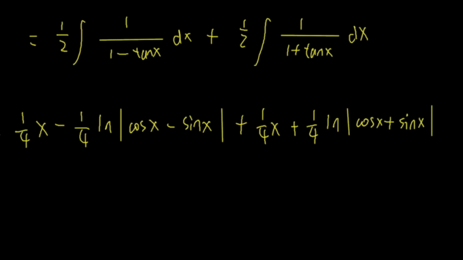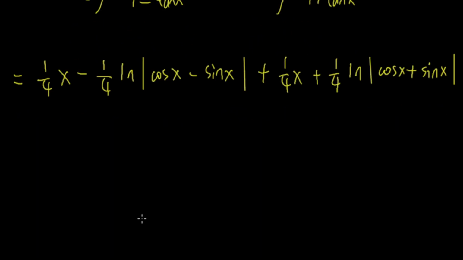Okay, now look at this. We can combine the like terms, right? So 1 over 4 x plus 1 over 4 x is 2 over 4 x, which is 1 over 2 x. Now, minus 1 over 4 ln of cosine x minus sine x plus 1 over 4 ln of cosine x plus sine x, we can still combine this. Now, first of all, let's take out the 1 over 4 as a common factor, right?